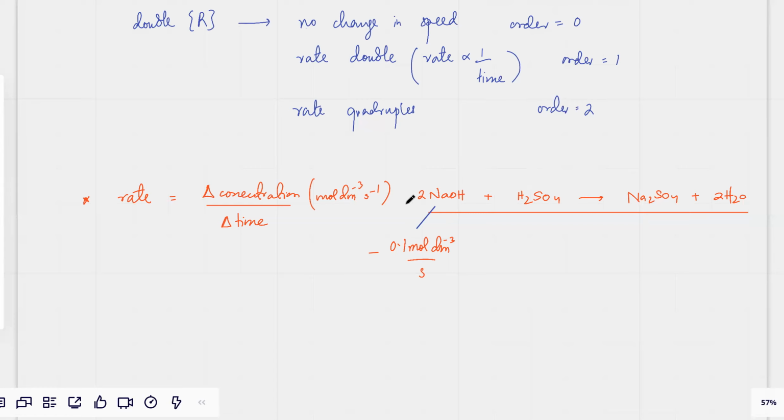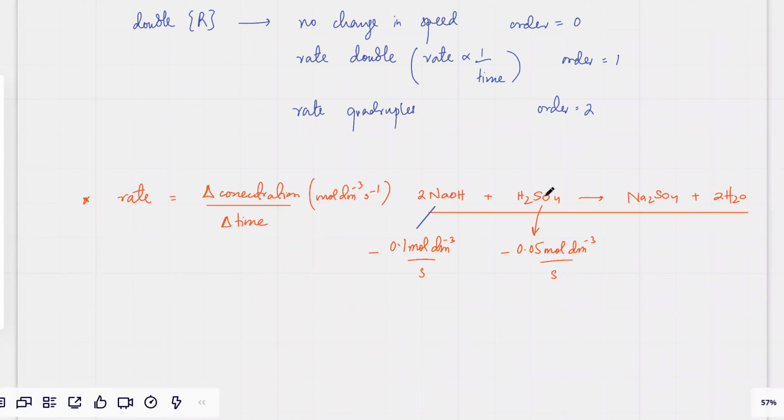So the change in concentration with respect to time, you're talking about the same reaction, but if I choose another reactant, I'm going to get a different value because the mole ratio is different. That reactant would be decreasing at 0.05 mole per dm cube per second.